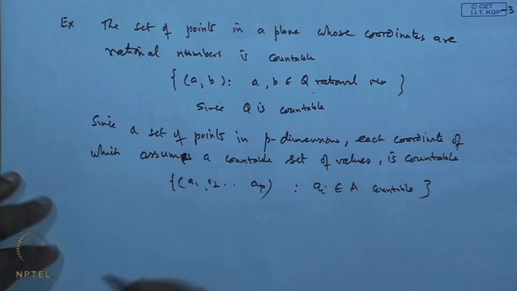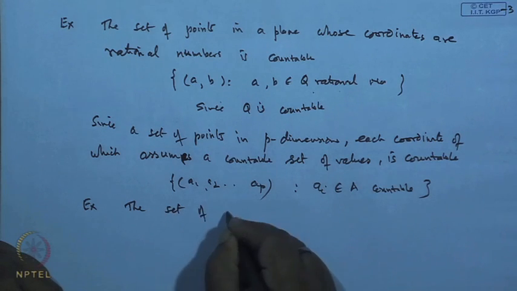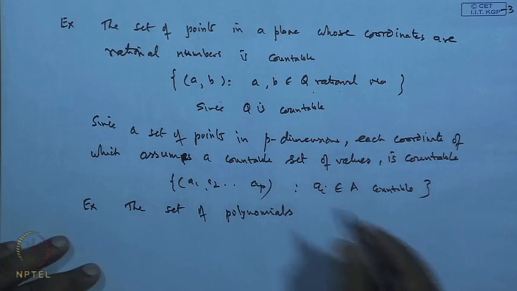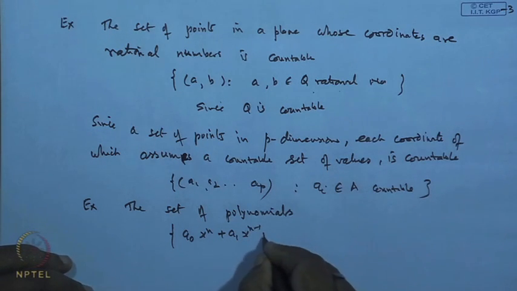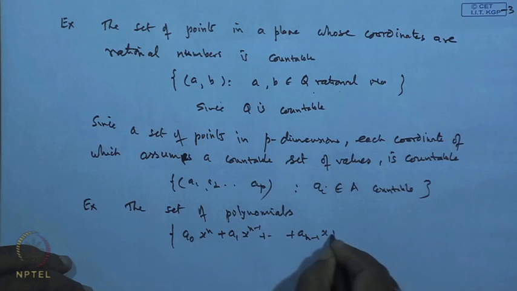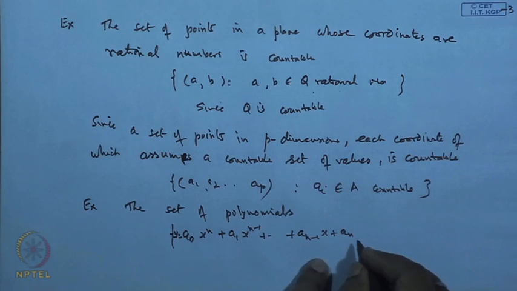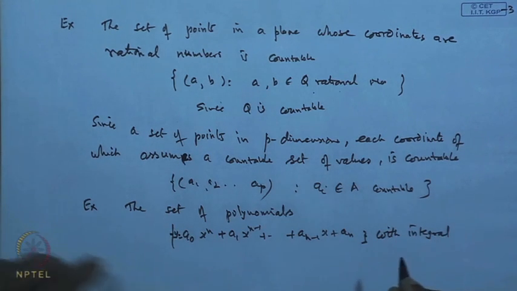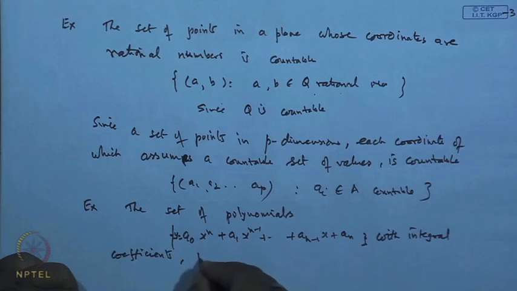Okay. Now, based on another result, which is that the set of polynomials a0 x to the power n plus a1 x^(n-1) plus ... plus a(n-1) x plus an, where the coefficients are integers, that is, the set of all polynomials with integral coefficients, is countable.